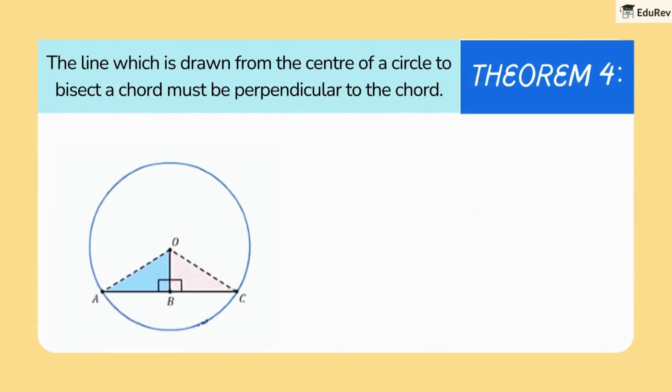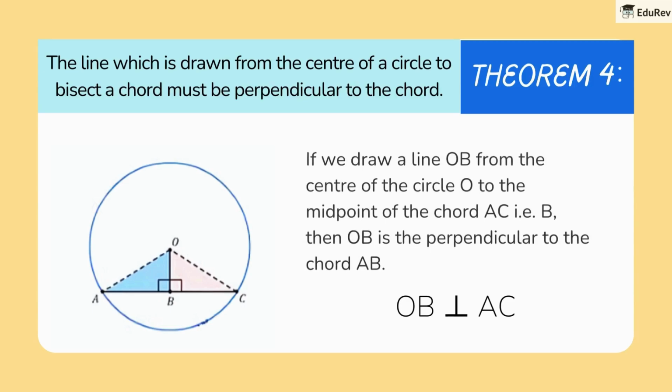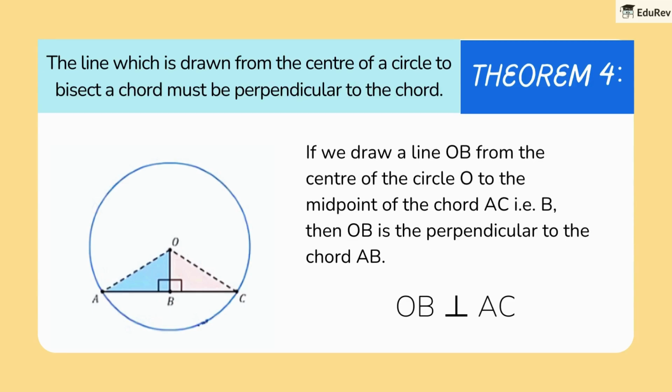Theorem 4. The line which is drawn from the center of a circle to bisect a chord must be perpendicular to the chord. OB is perpendicular to AC. If we draw a line OB from the center of the circle O to the midpoint of the chord AC, that is B, then OB is perpendicular to the chord AC.